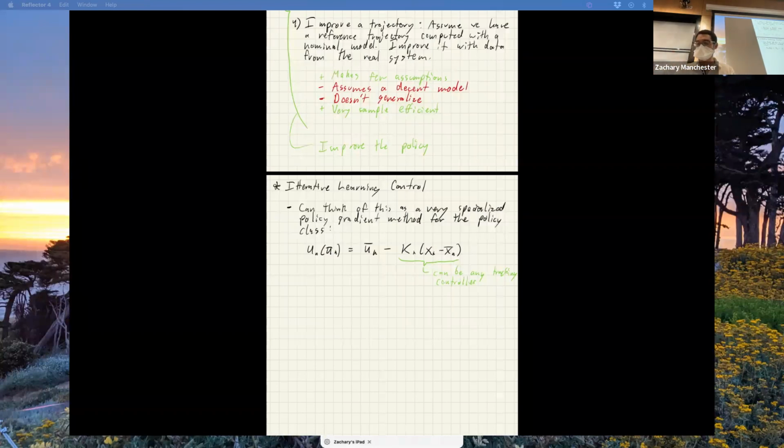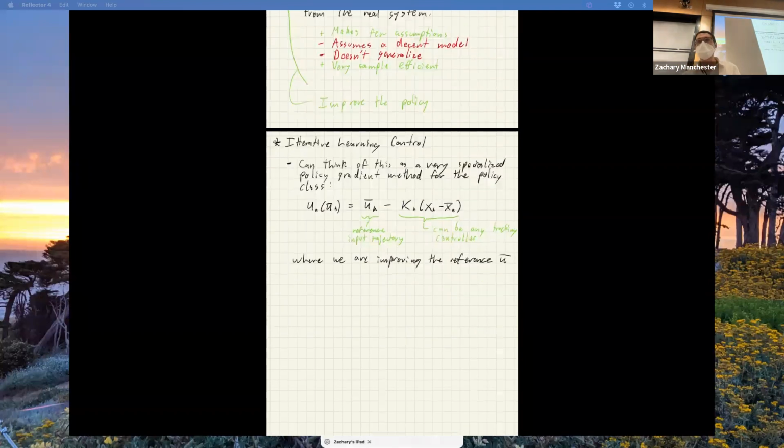What we're doing here is specifically looking at this as a function of the reference trajectory, and we're going to optimize that reference input trajectory. So it's the feed-forward input to the system. Okay, cool. So that's one way to think about it.